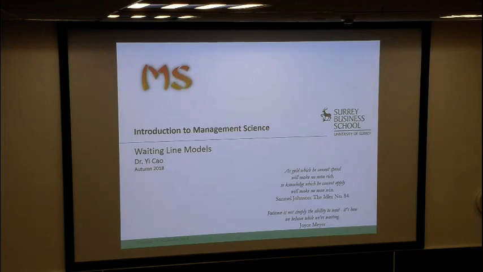Today is the second lecture about waiting line models. This week it's not as tough as last week, so we're going to do a very light review of what we've done last week. It's about what types of models we have, what the theories are, and how to calculate using the formulas.